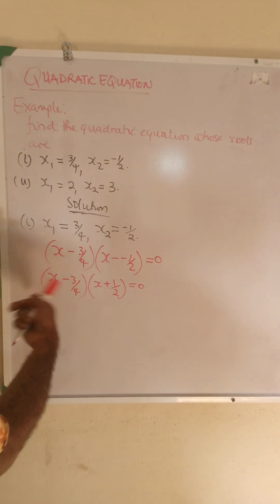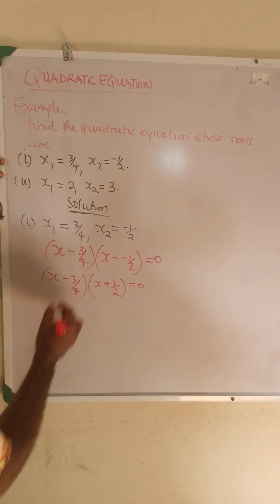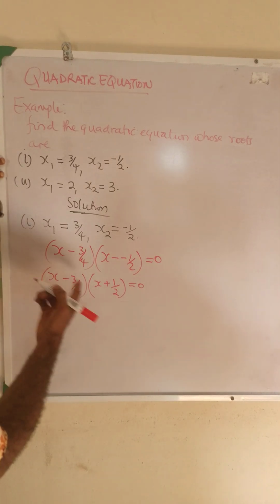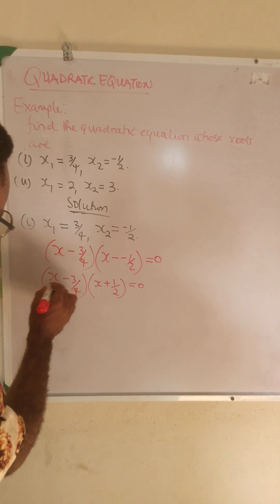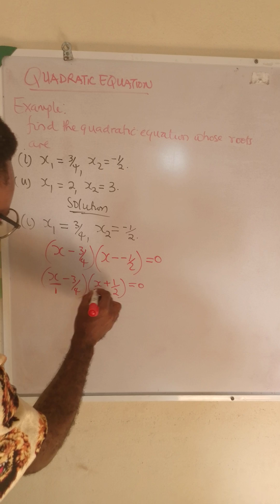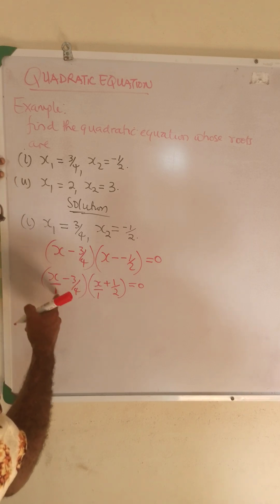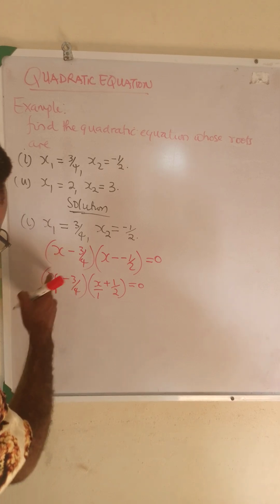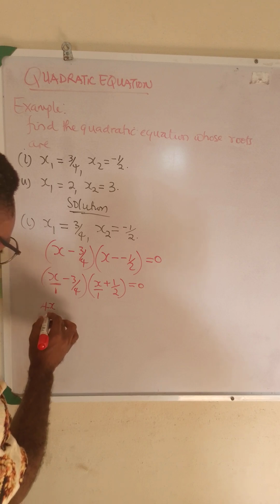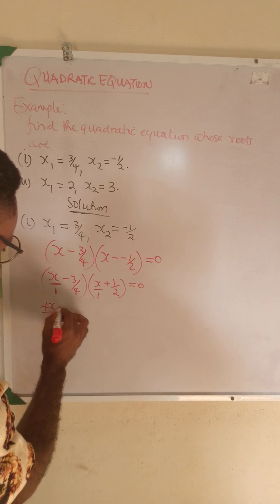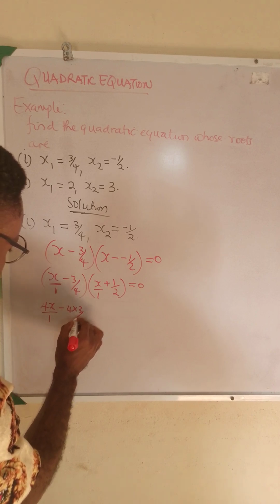Now for this other bracket, the left hand side of the bracket, you have to find the LCM. The LCM is 4, and so when you multiply through by the LCM, multiply through by 4, because if you say over 1 here, so for this first bracket, you multiply through by 4, so you are going to have 4x over 1 minus 4 times 3 over 4.